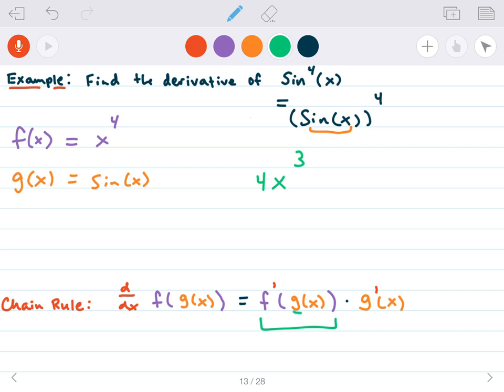But instead of x, I'm actually putting in g, which is sine of x. So I'm actually going to make this just sine of x. All right, so that's my first part. And the second part just tells me take the derivative of g. Derivative of sine is cosine. And that's it.